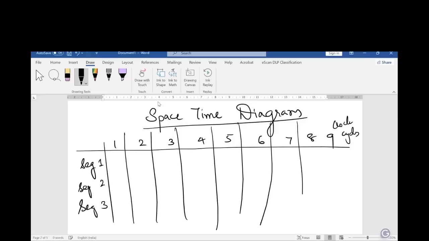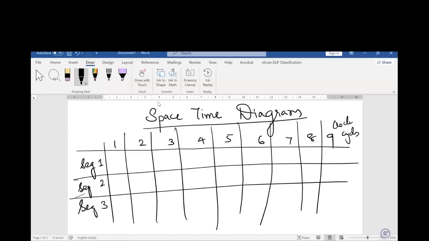At clock cycle 1, T1, which is task 1, is in segment 1. At clock cycle 2, T1 will go over here and T2 will be in segment 1. At clock cycle 3, T3 will go here, T2 will go to segment 2 and T1 to segment 3.